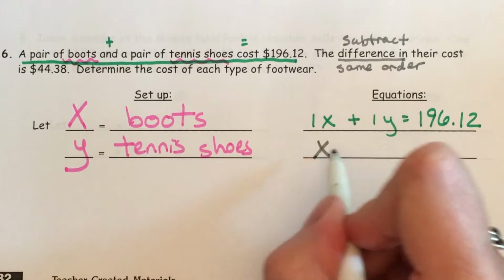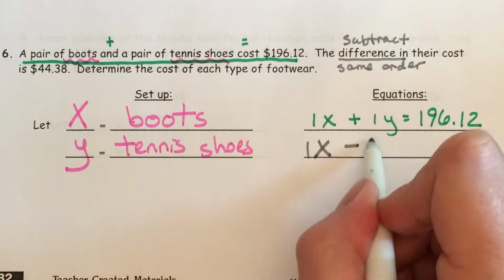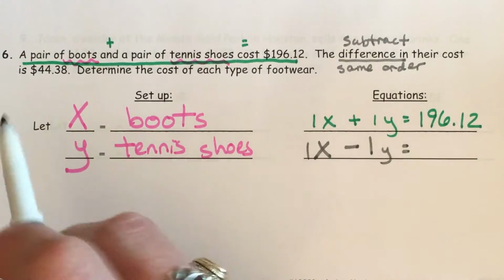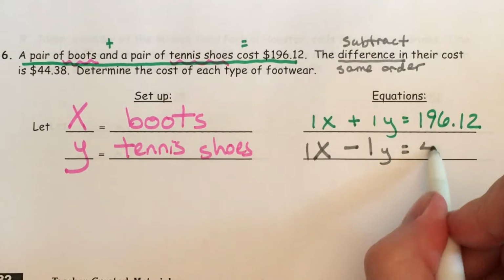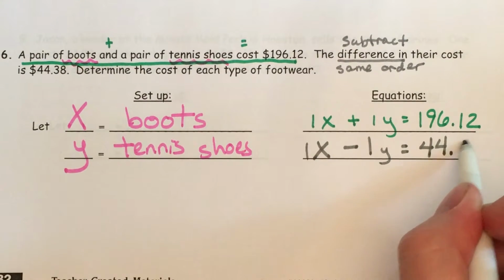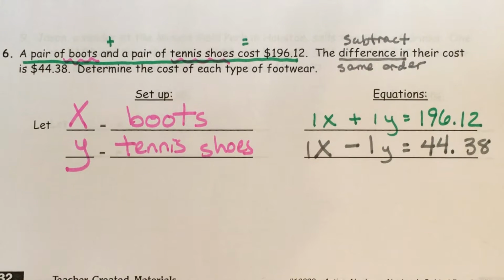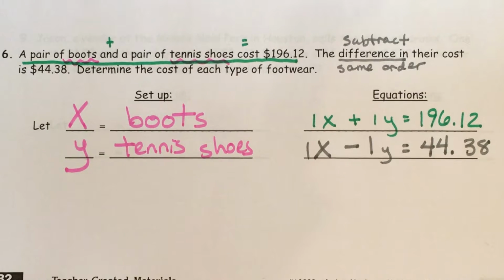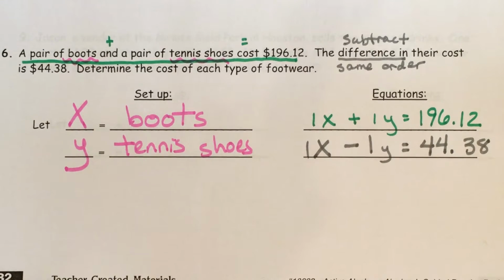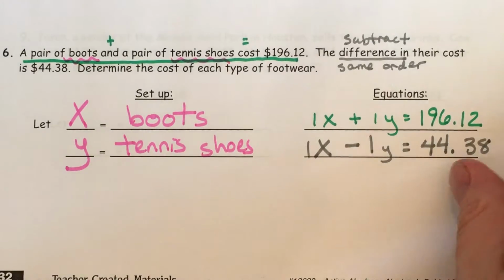So 1x minus 1y. And their difference is $44.38. There's your system. We've written it. That wasn't too scary. You feeling pretty good about this? I sure hope so. Let's go look at exercise 8.